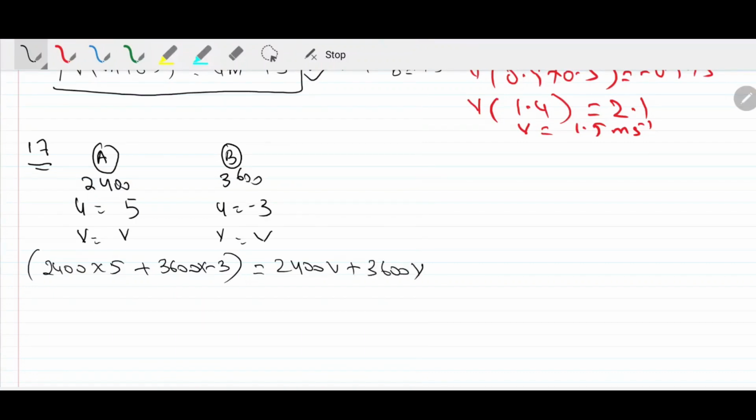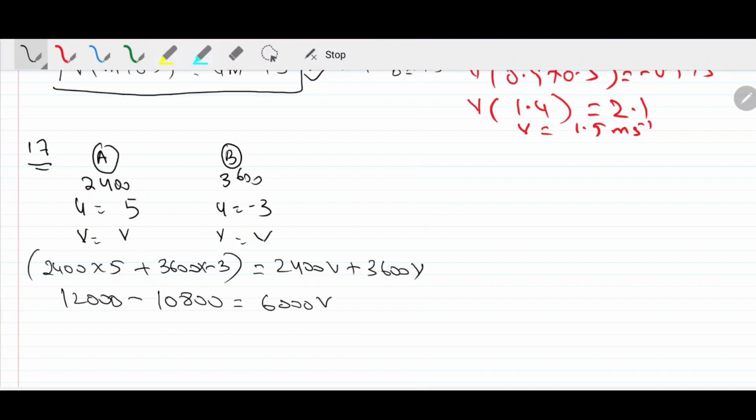So 2400 into 5 is 12,000 minus 3600 into 3 is 10800. 2400 plus 3600 is 6000 v.